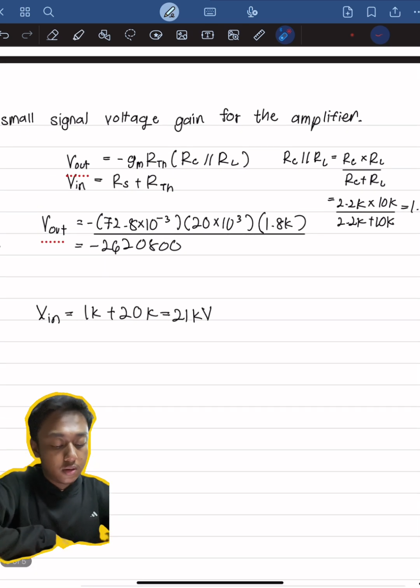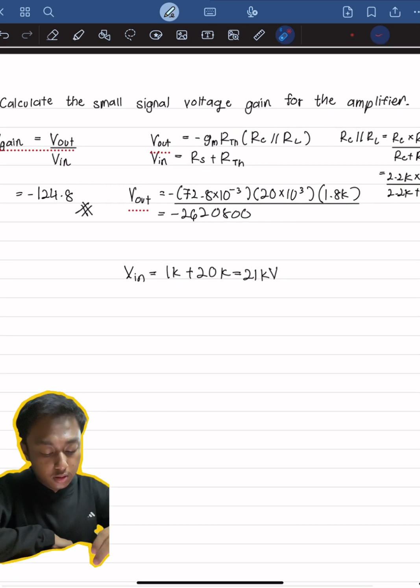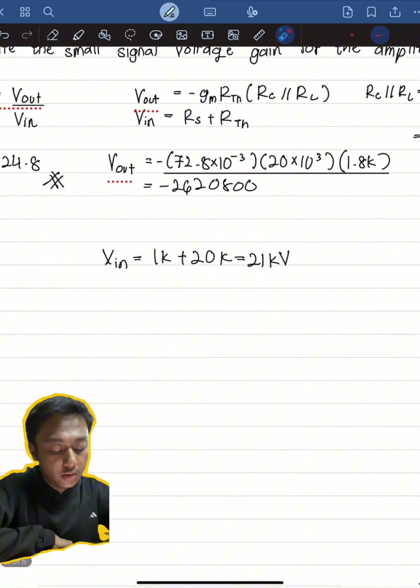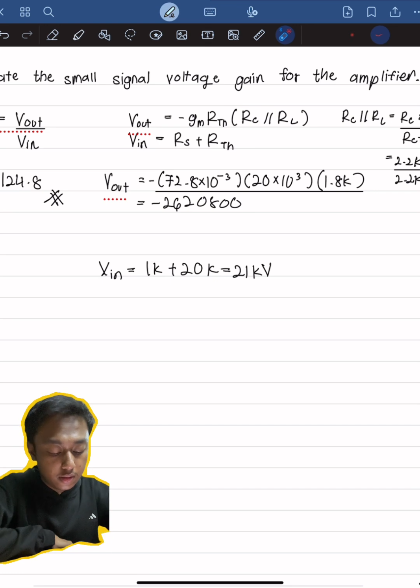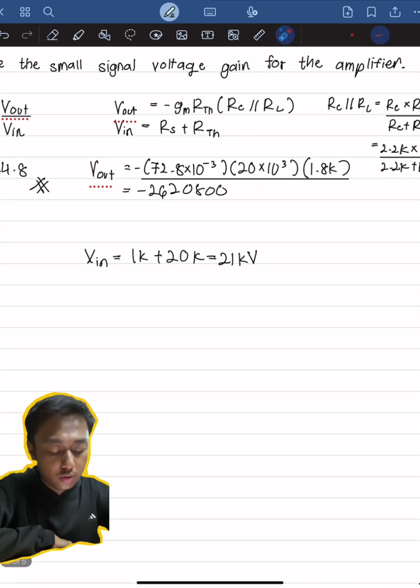When we find the RC in parallel with RL, we can straight away include it in the formula for finding the V out. Then we got the answer negative 2,620,800.